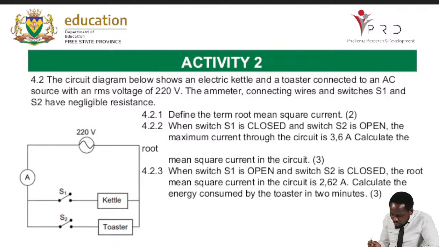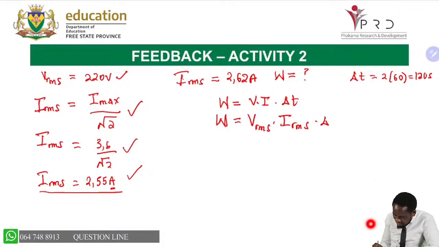So W is equal to V I delta T. This work done is equal to VRMS, because that's the potential difference across the toaster, times the current delivered from that AC source, multiplied by the time.